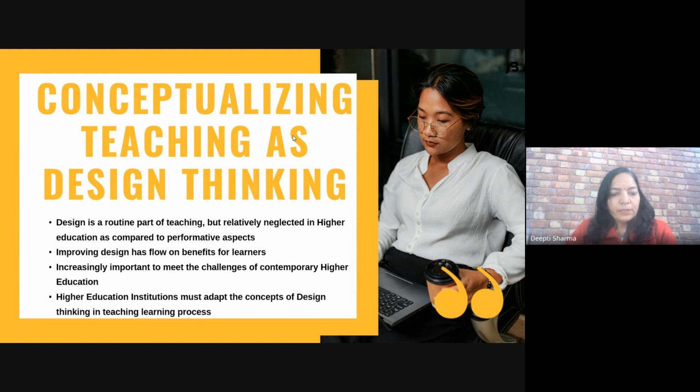Improving designs has flow-on benefits for learners, because learners need each and every phase of design thinking, and various methods of design thinking we can apply. It is increasingly important to meet the challenges of contemporary higher education.